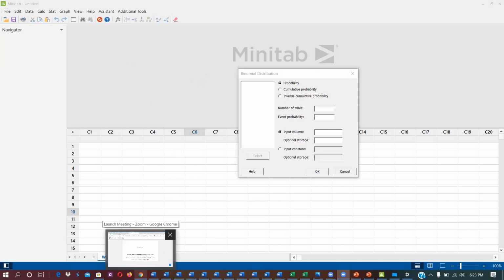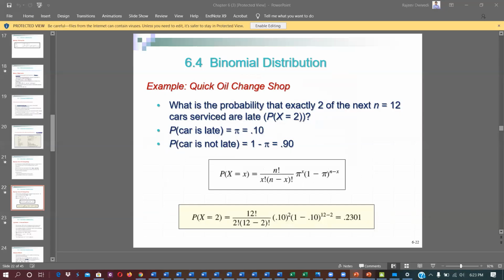Here the question says, what is the probability that exactly 2 of the next 12 cars serviced are late? So we are going to check event 2. The sample is 12 and the probability is 10%.